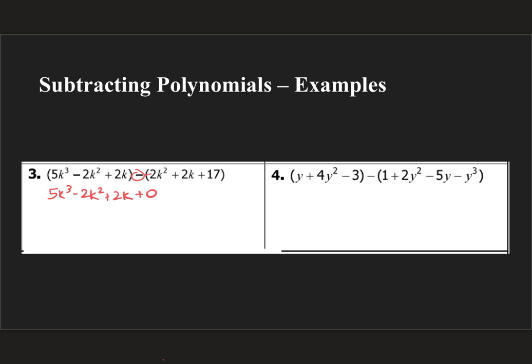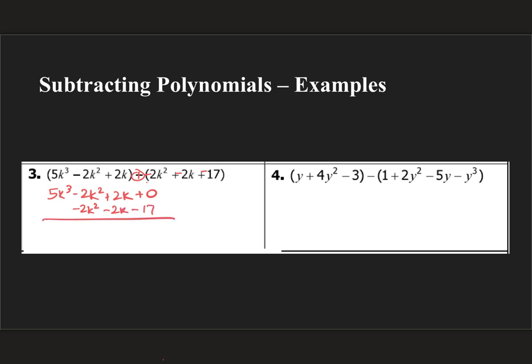So I'm going to change that to a negative 2. I'm going to change this to a negative 2 and this to a negative 17. So every single thing in that set of parentheses, the sign changes. So I'm going to do negative 2k squared under the other negative 2k squared, then minus 2k and minus 17.